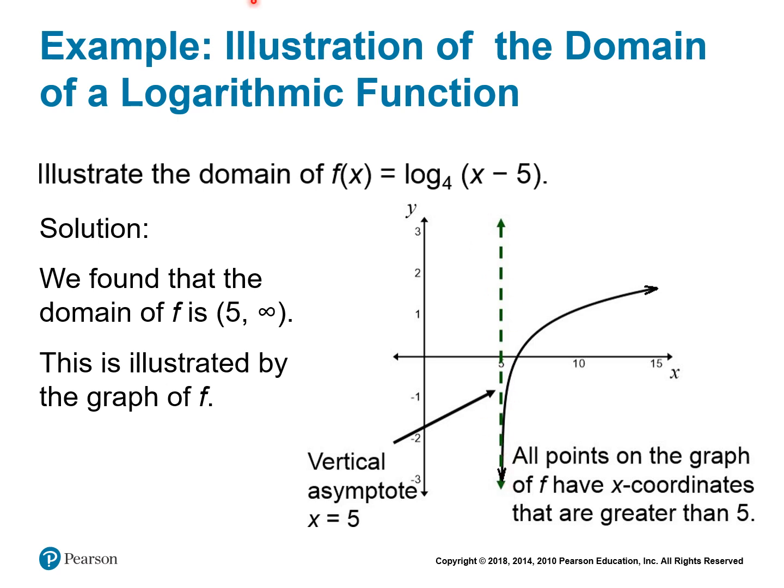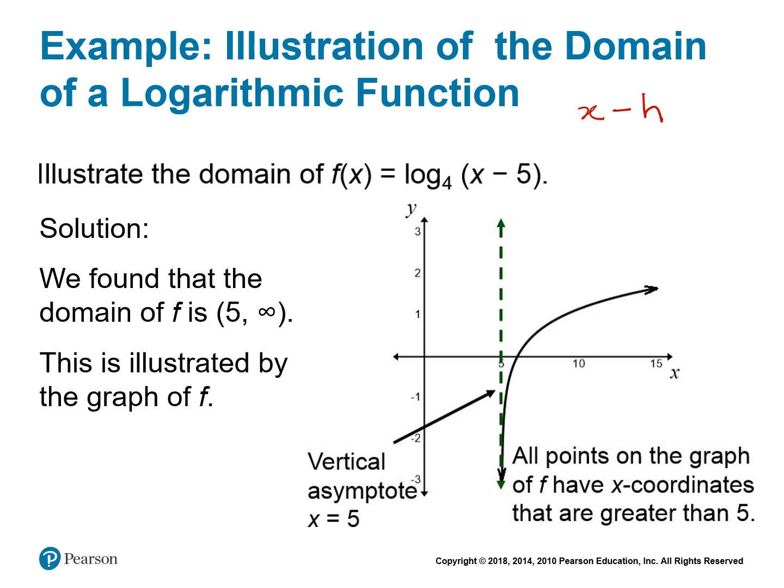You should also be able to relate this to the transformation of graphs. This x minus 5 is of the form x minus h, which was the form of horizontal shifting.